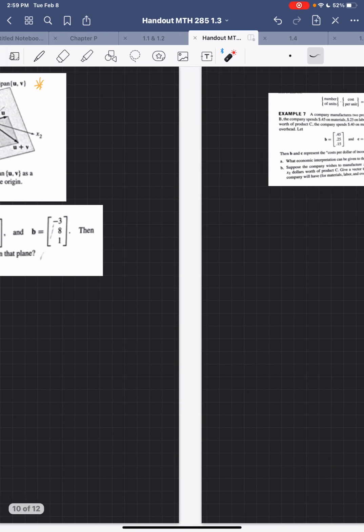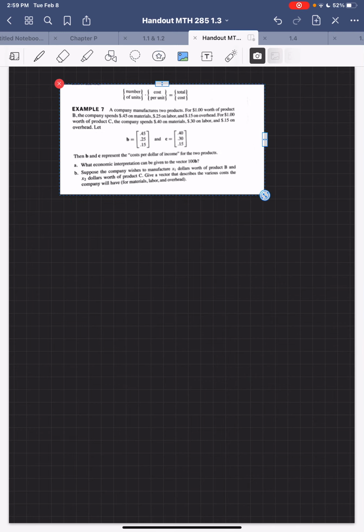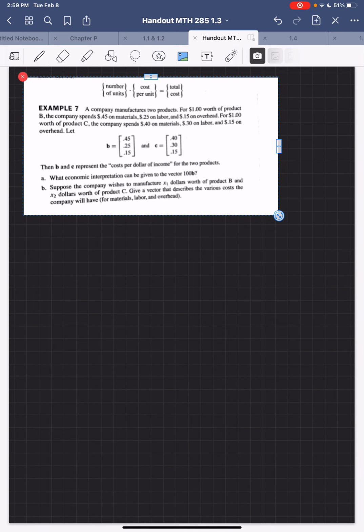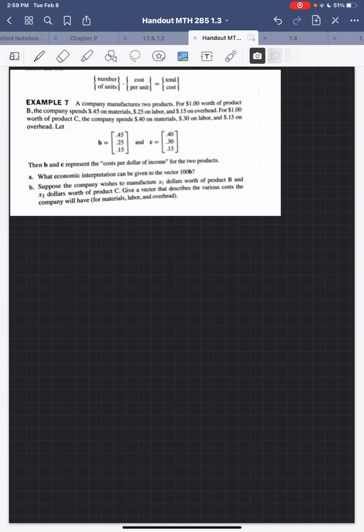All right, so the very last example for this section is, if you're like me, all of this theory is great, but I do want to see some type of word problem, some type of utility, so that I can understand what I'm learning this stuff for.